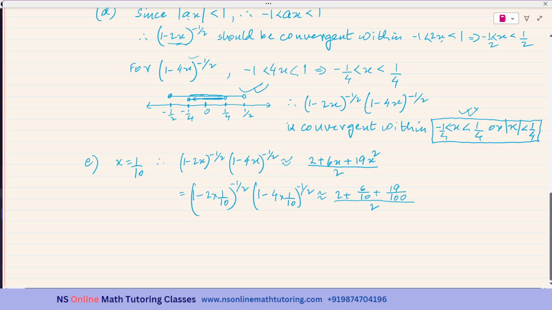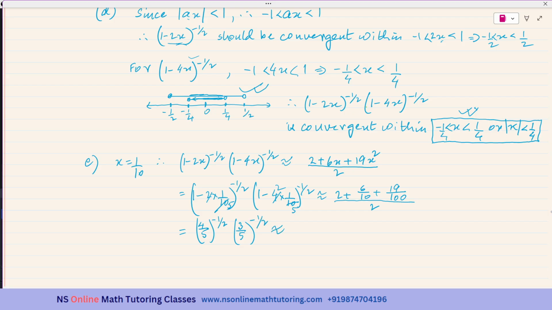Okay. And now this is 1/5. And 1 minus 1/5 is 4/5, so 4/5 raised to the power of negative half. And this one is 2/5, so 1 minus 2/5 is 3/5 raised to the power of negative half.